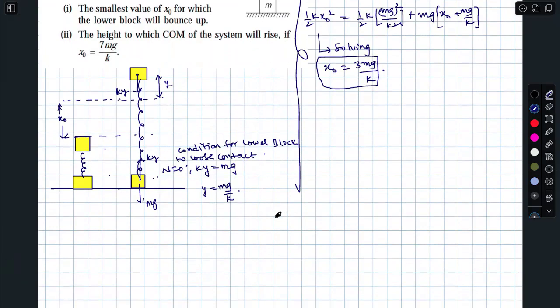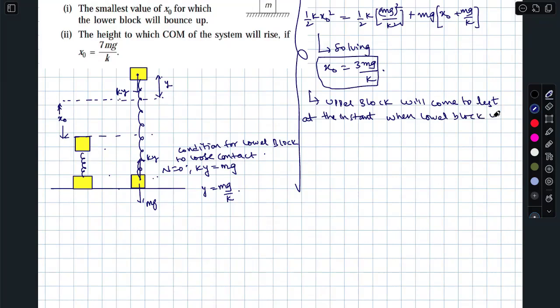The upper block will come to rest at the instant when the lower block loses contact with the floor. That is the case.